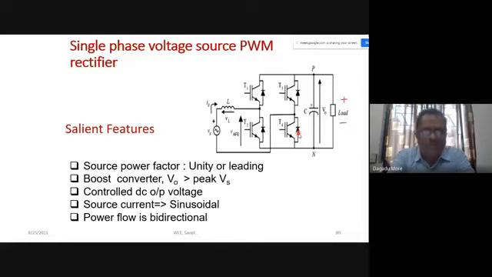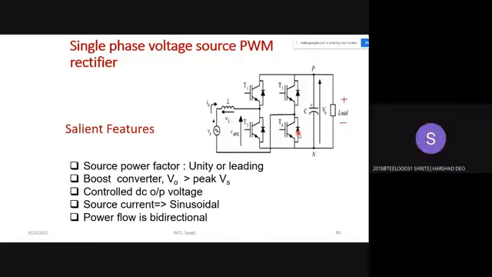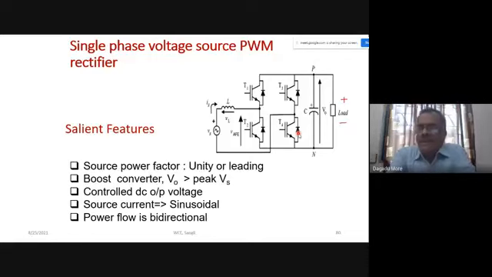Am I audible? Yes. Instead of IGBT, which other device can we use? Power MOSFET. Yes, correct. So we can use the power MOSFET or the IGBT.